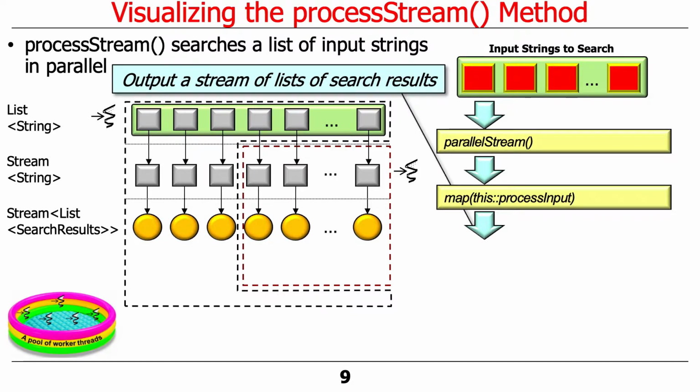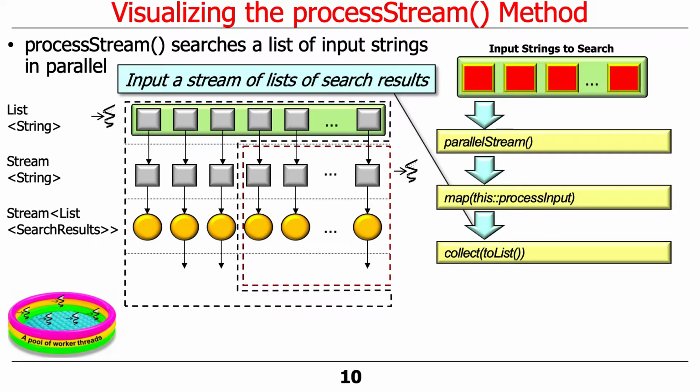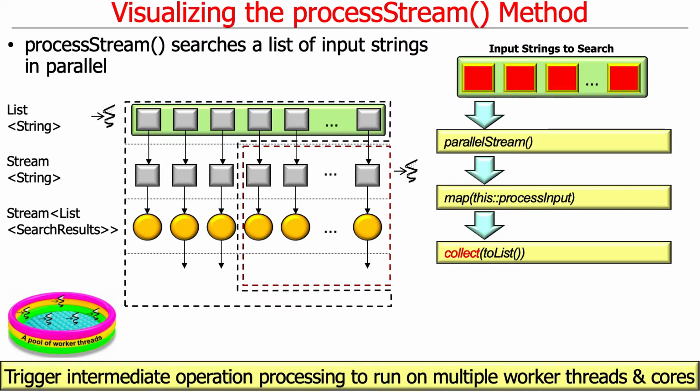The consequence of calling processInput, as you may recall, is that we get back a list of search results. We take that list of search results, and we have a stream of lists of search results. Then we're going to go ahead and collect those things together, and that, of course, will trigger the intermediate operation processing for the map call here.